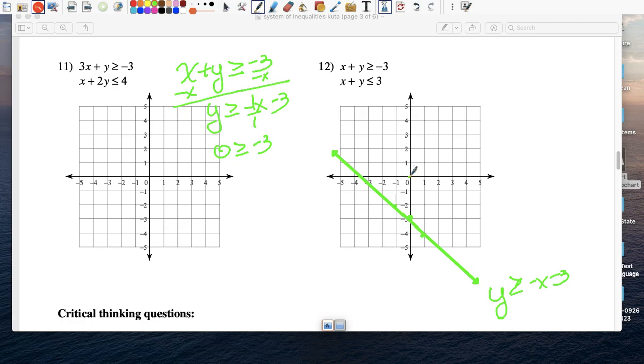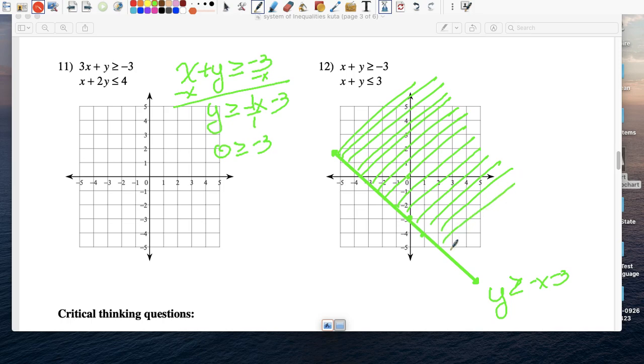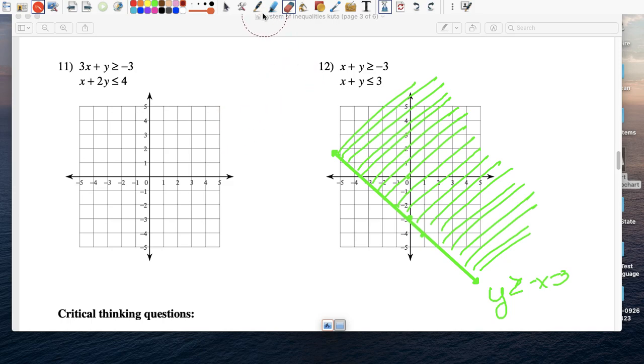The point 0, 0 worked, so we want to shade everything above the line, right? Because it's on the same side as 0, 0. So any point on that side above the green line, including the points on the line, will make that inequality true.